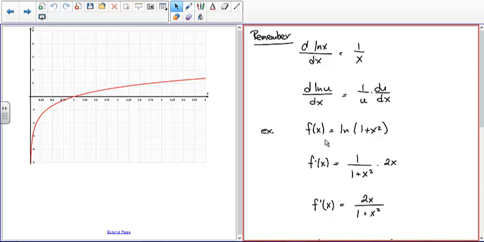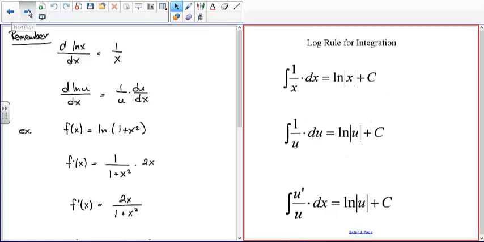So for example, if I want to take the derivative of the natural log of 1 plus x squared, you take 1 over the argument, 1 over 1 plus x squared, and multiply it by the derivative of the argument. So the derivative is 1 over 1 plus x squared times 2x, or 2x over 1 plus x squared. Okay, so that's just the chain rule.